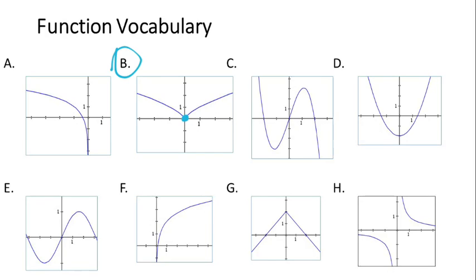On graph C, we do have a relative minimum here, but it's not the absolute minimum because this graph is going to go all the way down to negative infinity. Graph D, this parabola, quadratic, we've got a relative minimum here, and that is going to be the lowest point on the graph. So it's also an absolute minimum. On E, now this graph should have given you probably a little more to see. This is meant to be a sine graph.